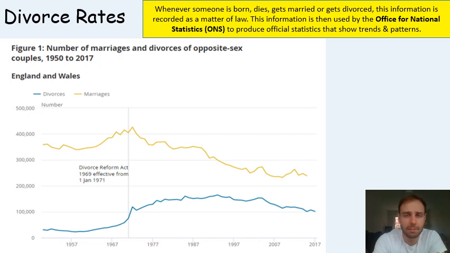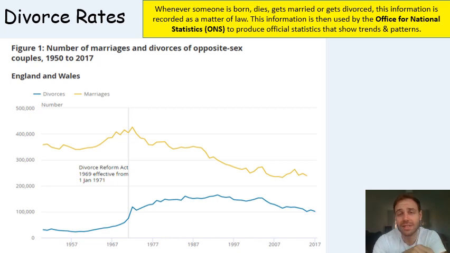Whenever somebody is born or dies, gets married or gets divorced, this information is recorded, and you get a certificate, a birth certificate or a marriage certificate or a certificate of death or divorce. This is recorded and it goes into data files collected by the government.